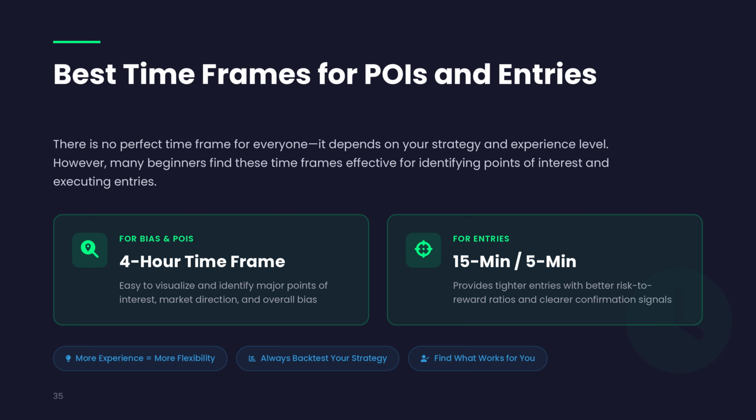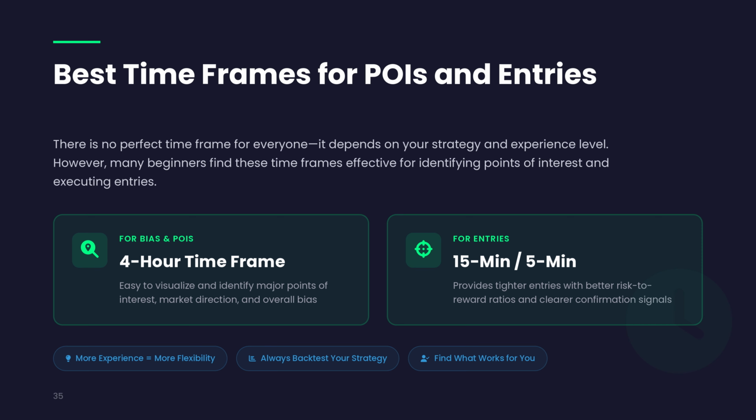Now, here's something crucial I want you to understand. Your optimal time frame configuration will likely evolve as you develop as a trader. When you're beginning, you might need those higher time frames for clarity. As you gain experience, you might find yourself comfortable operating on progressively lower time frames because you've developed the pattern recognition skills necessary.